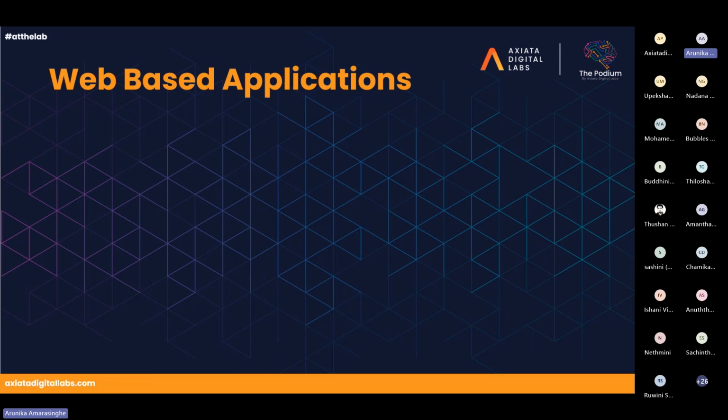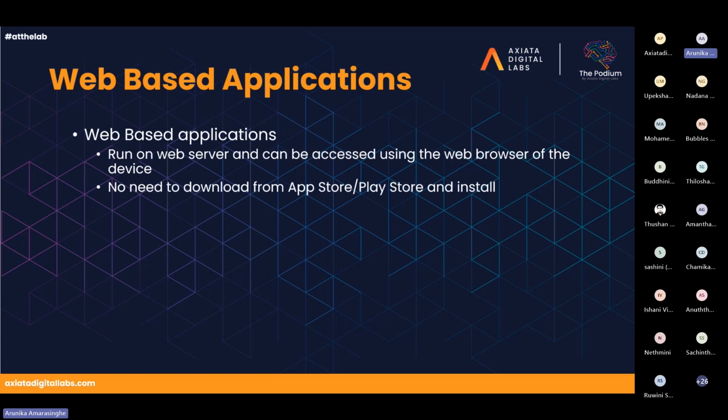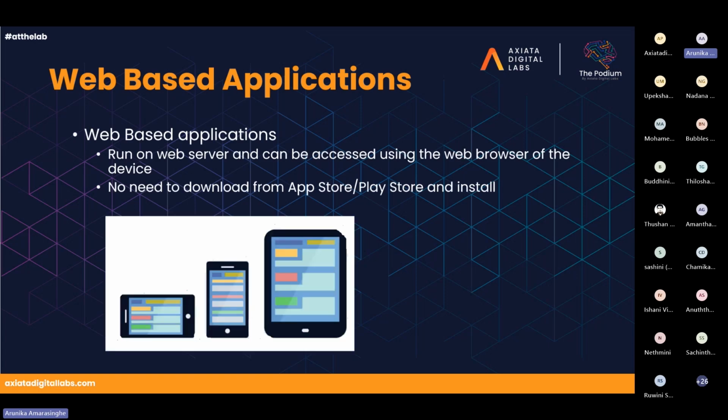Let's move on to the other type, web-based applications. Web-based mobile applications are quite common. The important thing for web-based applications is that you need to maintain responsiveness. If you use a tab, it should load properly in the browser. Also, you need to make sure the same thing loads properly on a smaller mobile device.